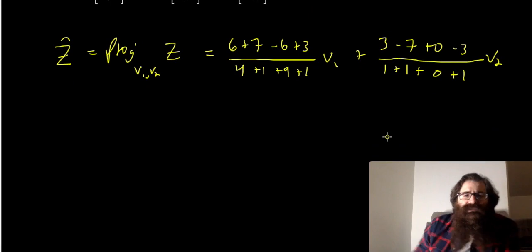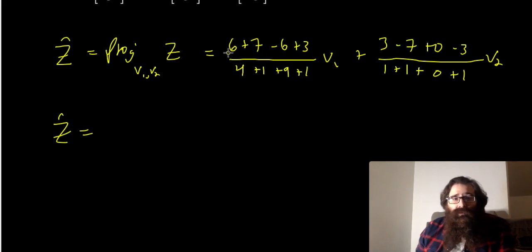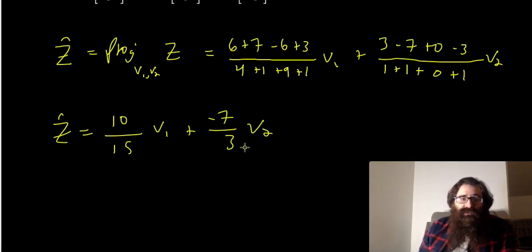Let's see what the coefficients are going to look like. So z hat is equal to, here we get 6 minus 6 is 0, and then 7 and 3 gives me 10. Divided by 9 and 1 is 10, plus 4 and 1 is 5, so 15, v sub 1, plus, and then here, 3 minus 3 is 0, plus 0 doesn't matter, so I'm left with negative 7, divided by 1 plus 1 plus 1 is 3, times vector v sub 2.